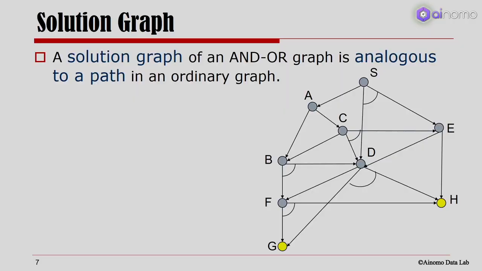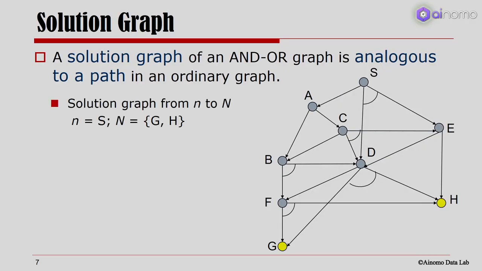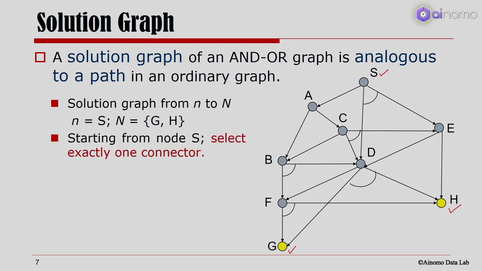Solution of an AND OR graph is analogous to a path in an ordinary graph. So let us look at this example AND OR graph. Here, if we are looking for a solution from node S to the set of solution nodes, which are G and H, we want to explore starting at S and select a connector to take us to the successor nodes.